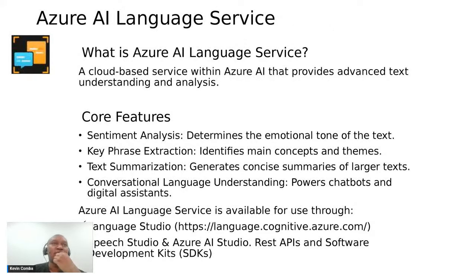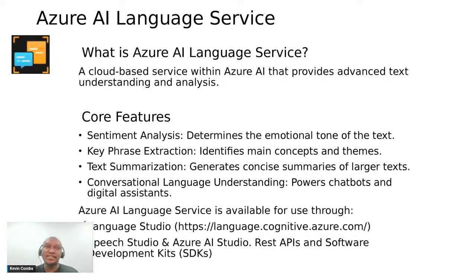Speaking about the core features of Azure AI Language services, text analysis determines the emotions or the tone of text. You can think of a use case where you want to get the actual sentiment from a product review perspective, where people are buying a product in an e-commerce system and then giving reviews on these products.